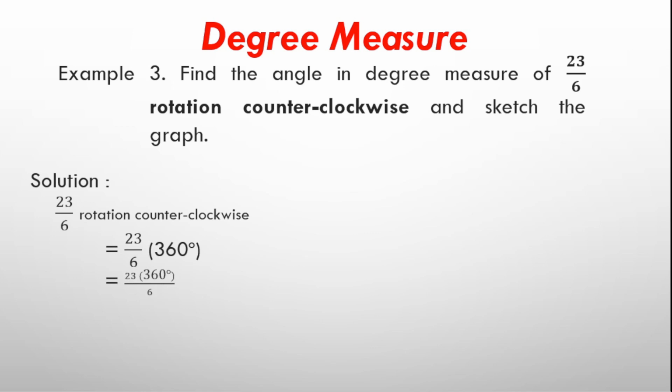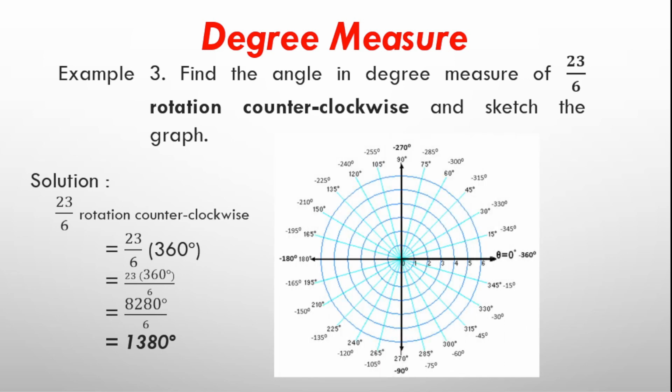So it becomes 23 times 360 degrees divided by 6. As we simplify, it becomes 8,280 degrees divided by 6, and that is equal to positive 1,380 degrees.